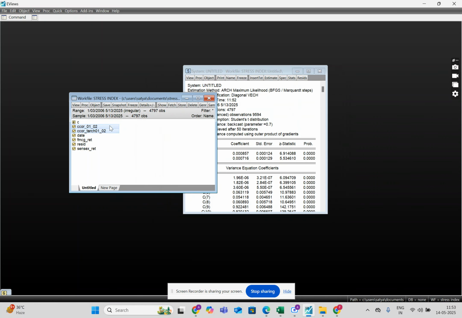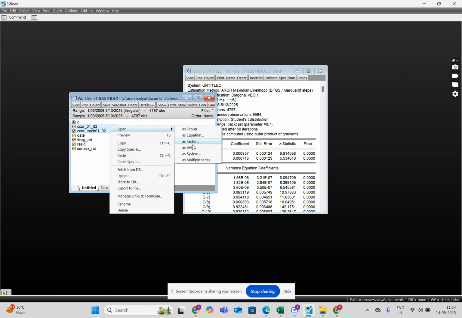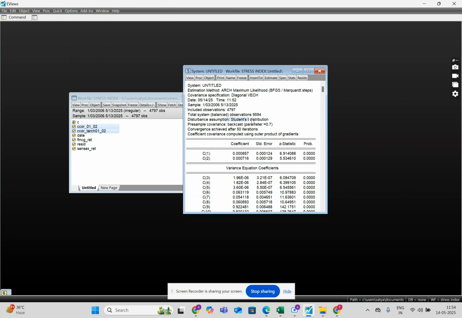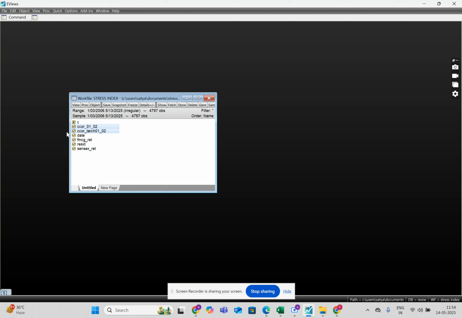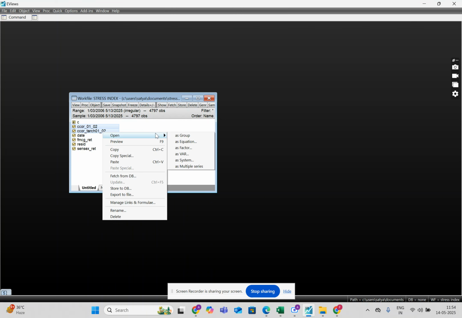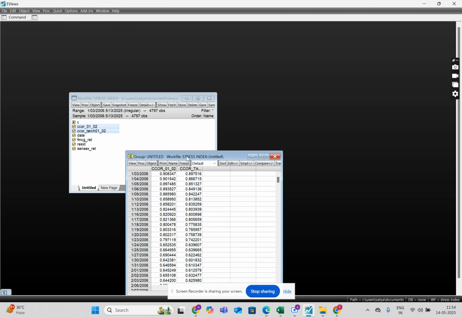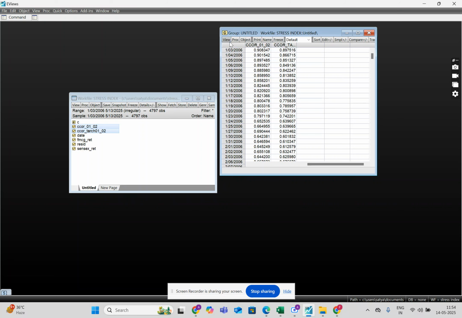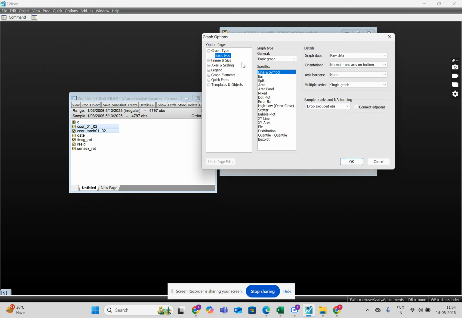Let me just directly open them as graph. As group. Okay. Let me just do it once again. So we open them as a group and then we go to view, then we go to graph. So we open both of them in a graph. Okay. And let's see how it is.